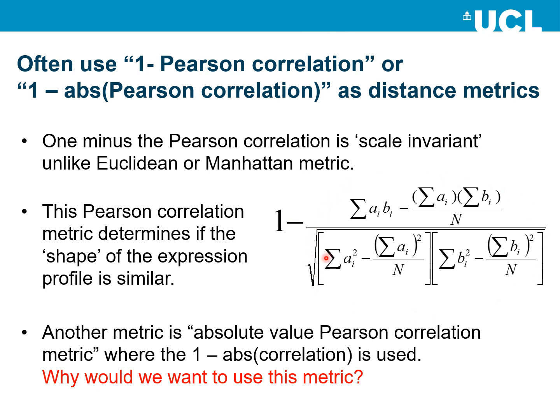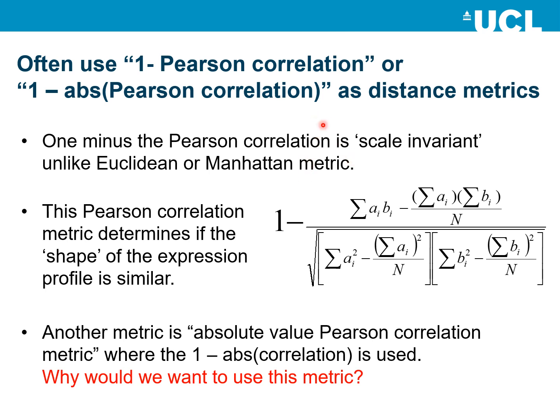How does that work? If we have a gene which goes up and then down again, and we have another gene that does the same, goes up and down, the correlation between those is roughly 1. So 1 minus 1, the distance is 0. If they're doing exactly the same, the distance is 0.